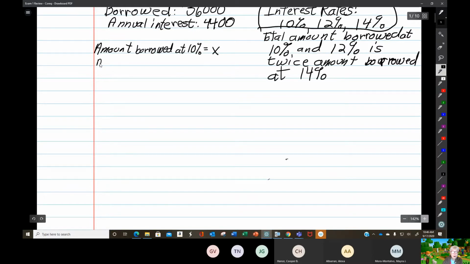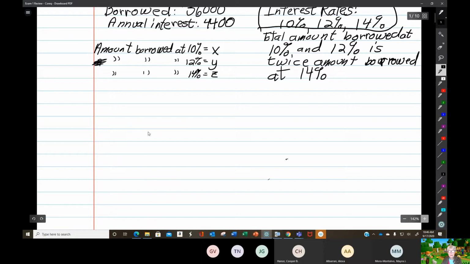And the amount borrowed at 12% is Y, and the amount borrowed at 14% is Z dollars. So we've got these three amounts being borrowed.